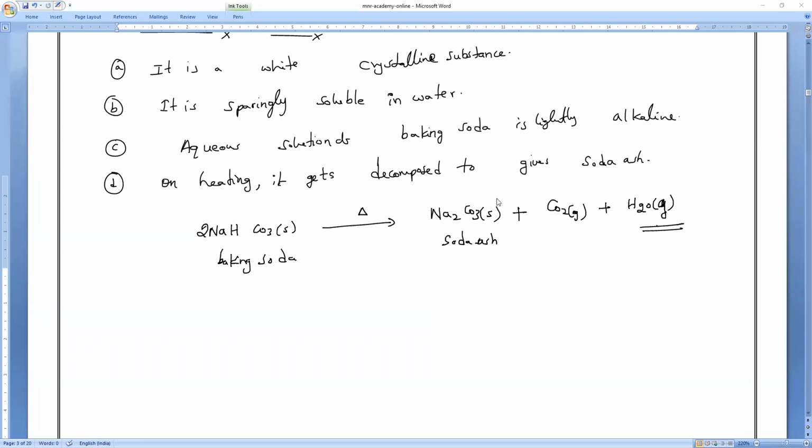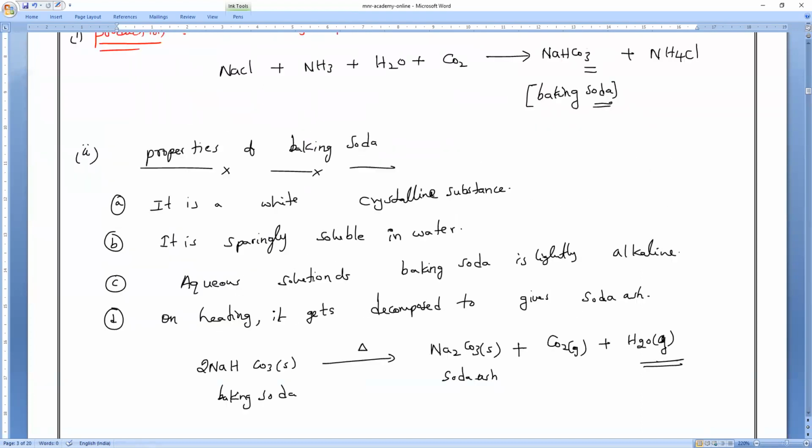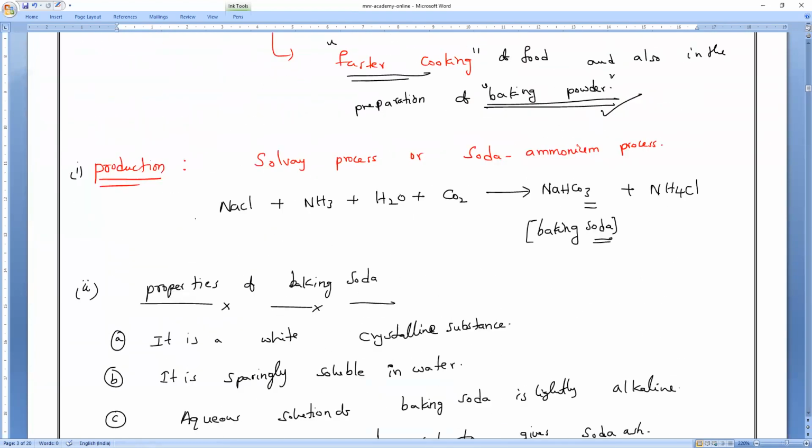So this is what about it. Anyone having any problem? Anywhere you can ask. So these are the properties of baking soda and the uses. Actually, it has very important, so much importance. So those uses we will discuss. Of course, one of the uses we all know. What is the importance of baking soda? We will use it as an antacid. Yes or no?